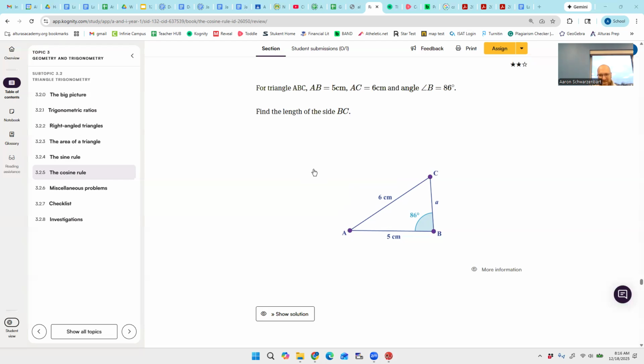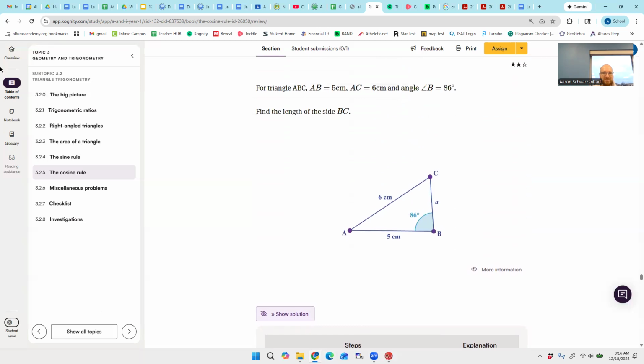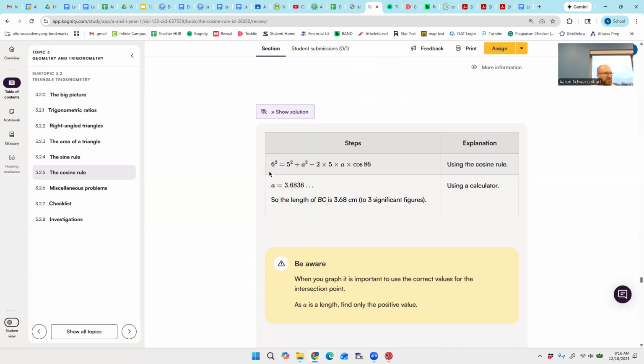They need A, B, and angle. I think they're going to show it using this, and I suppose you could solve by graphing. There's less algebra in the law of sines. You could solve by graphing, which is what they did. You just call these x and find what equals 36.